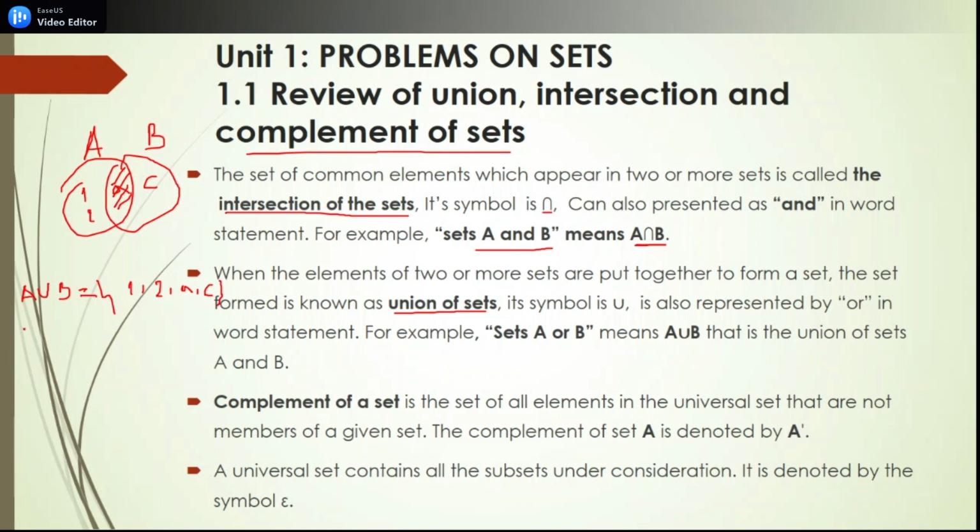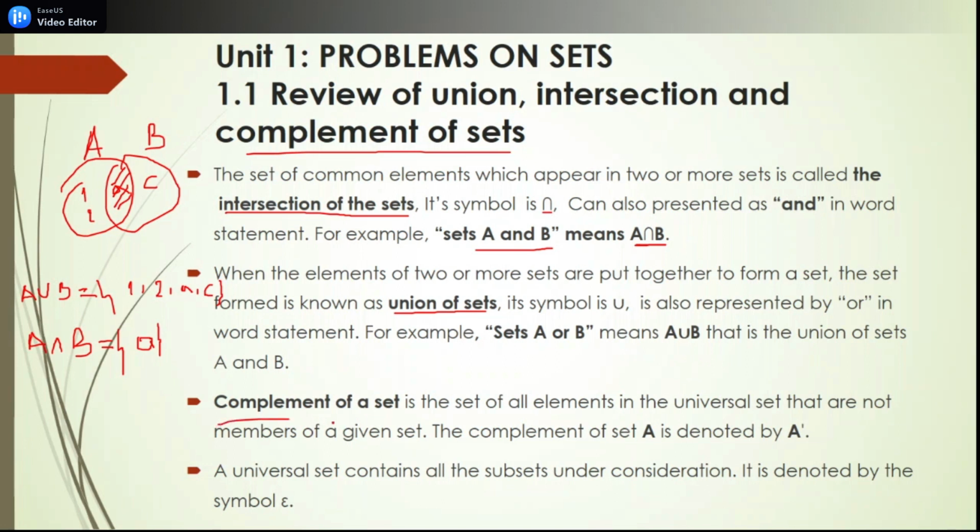This is the union. For the case of intersection, we count the element A. Intersection of A and B is equal to A, because set A has common points with set B.